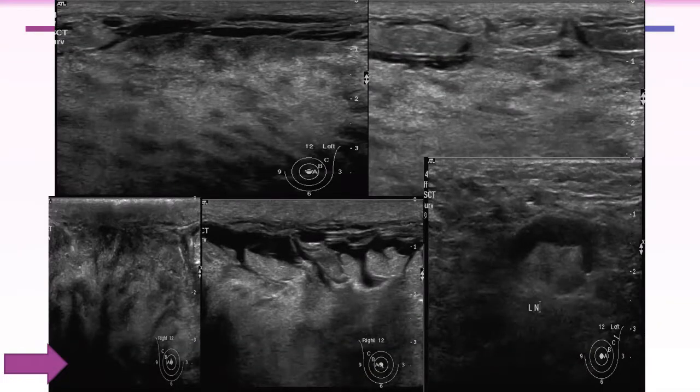From what? It's bilateral, so it could be infective causes. Infection, okay. Differential diagnosis includes infection like mastitis.